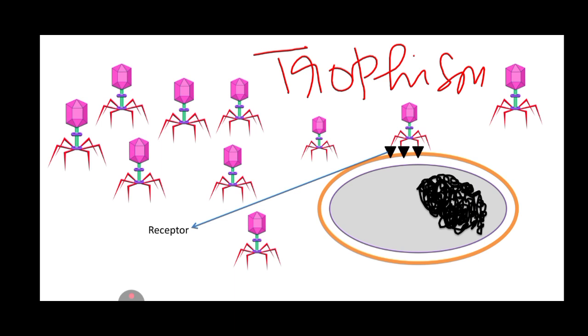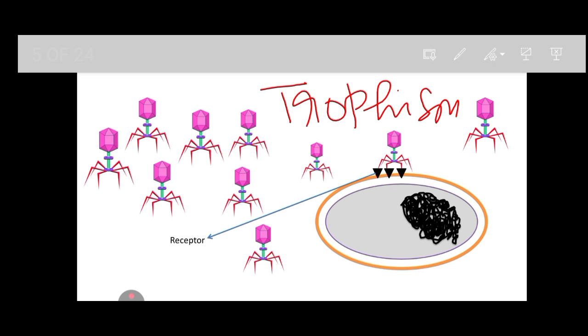By random collision, simply by random collision, no other means, a virus can identify its host. See, a bacterial cell has plenty of receptors on its surface. One such receptor is suitable for a virus to adsorb, right. Remember, these inverted triangles are shown here as the receptors.